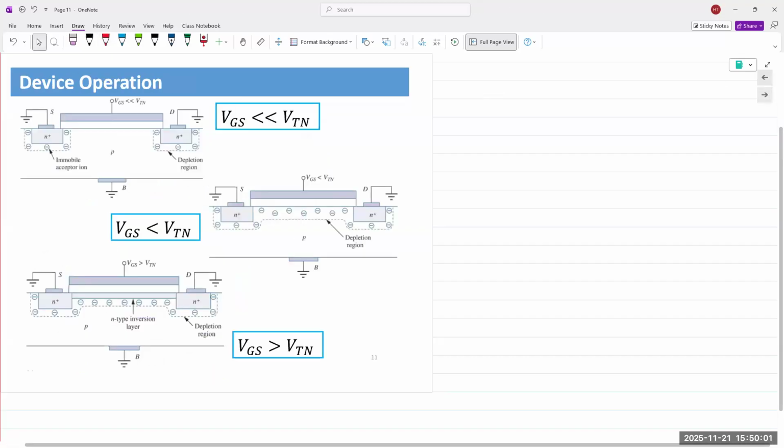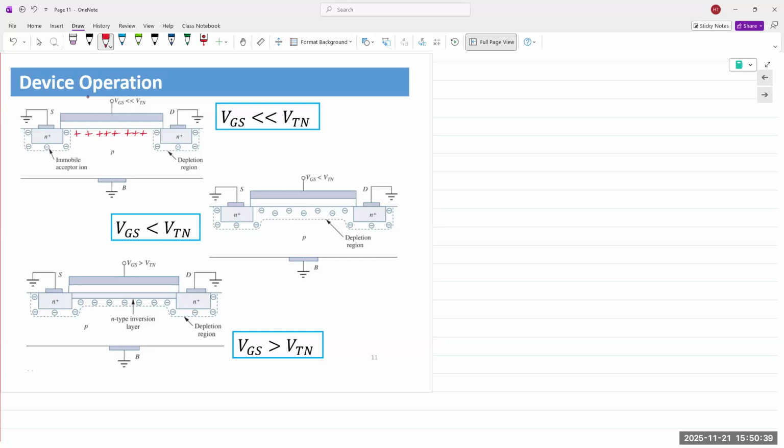All right, so here's the device operation. When VGS is far less than VTN, which was the first stage, accumulation, we only have the two depletion regions right here, completely immobile, and then you have positive charge carriers between the two N-type regions separated by the depletion region.